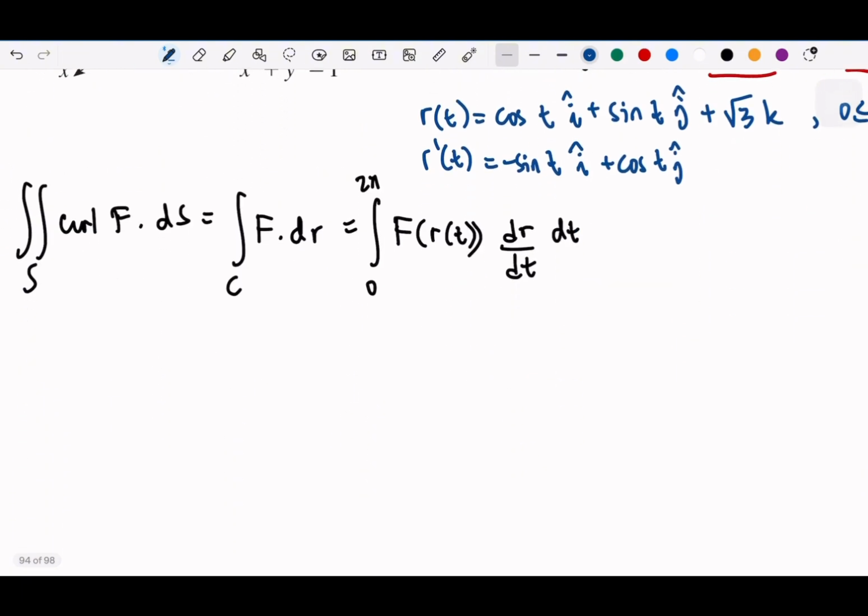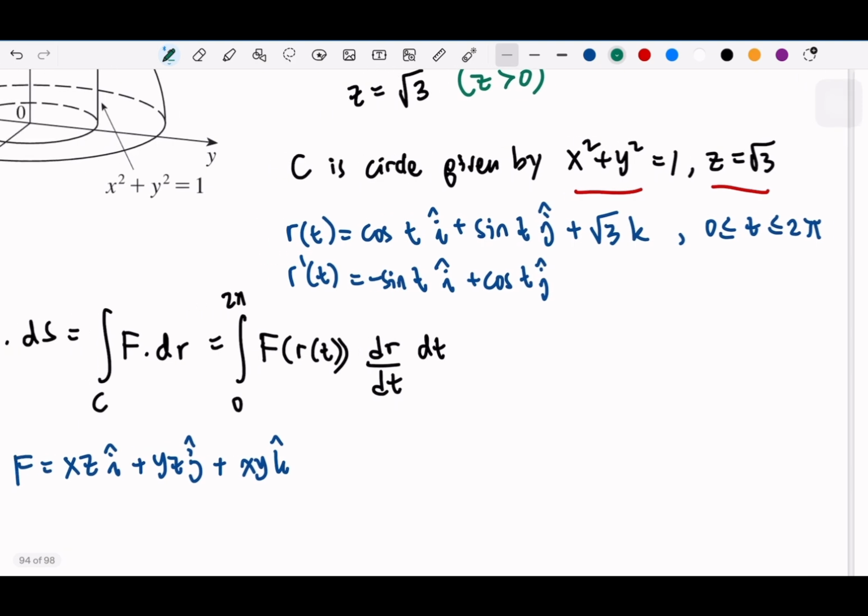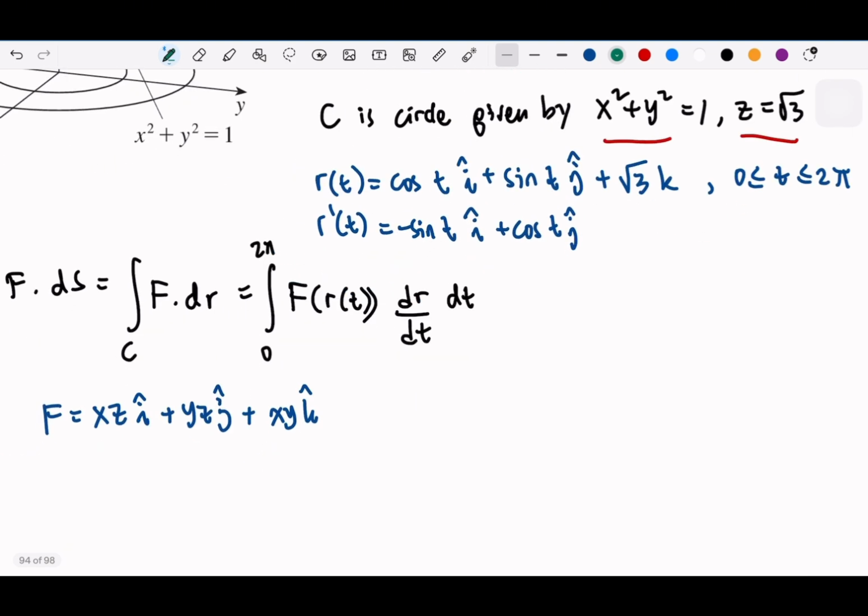So let me write the F. F is xz plus yz plus xy. So we are going to write this taking x to be cosine t, y to be sine t, and z to be square root of 3.